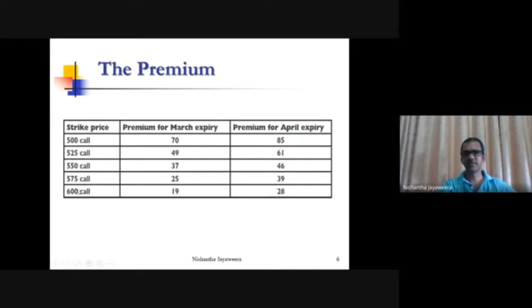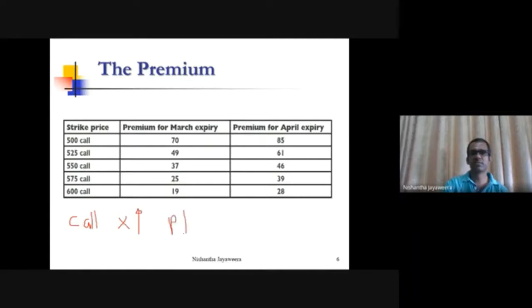When the strike price increases for a call option, the premium decreases. That's what happened. You can see it in this example.